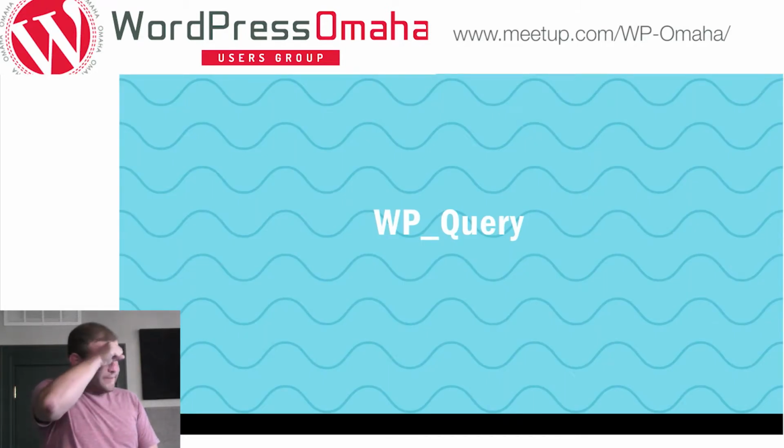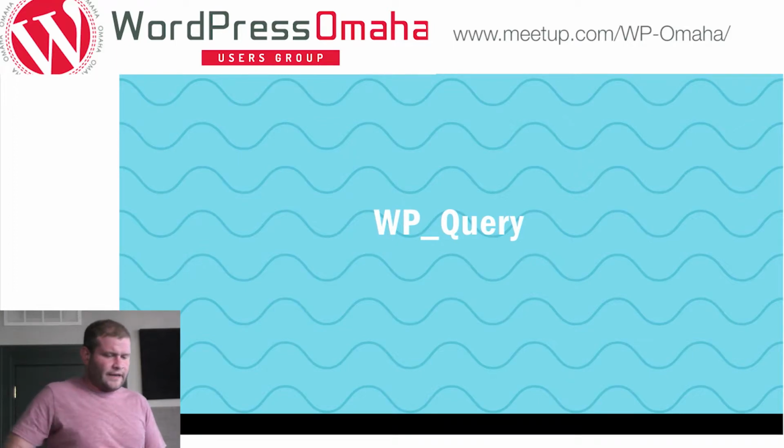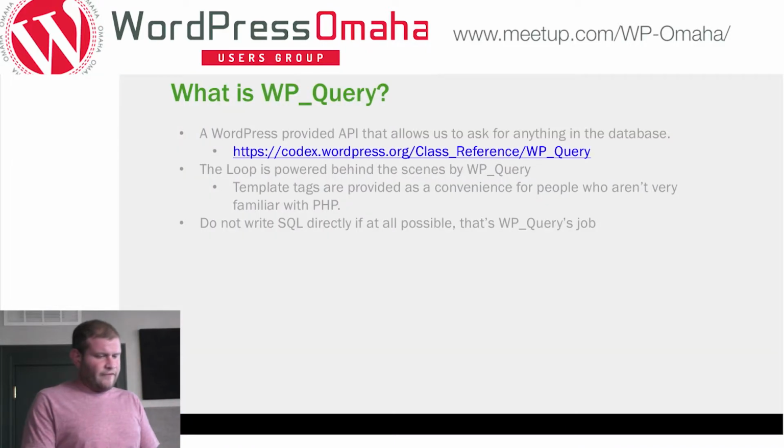So WP Query, I mentioned this at the beginning. This is actually, well, before I go, any questions? Okay. So WP Query is a class that is provided by WordPress that is really the foundation of all of WordPress, from its built-in plumbing and then how we tend to extend things on the front end if we're talking to the database.